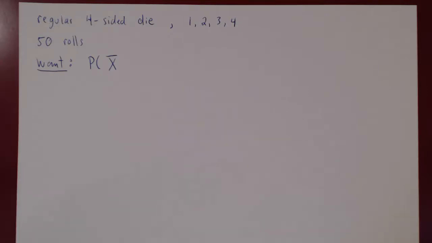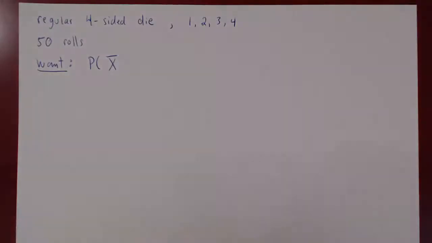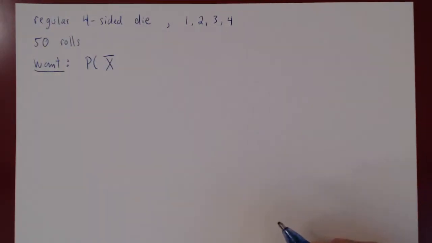So as you go through sets of 50 rolls, you will not get the same average every time. And that's why we use here an uppercase X, because it is a random variable.